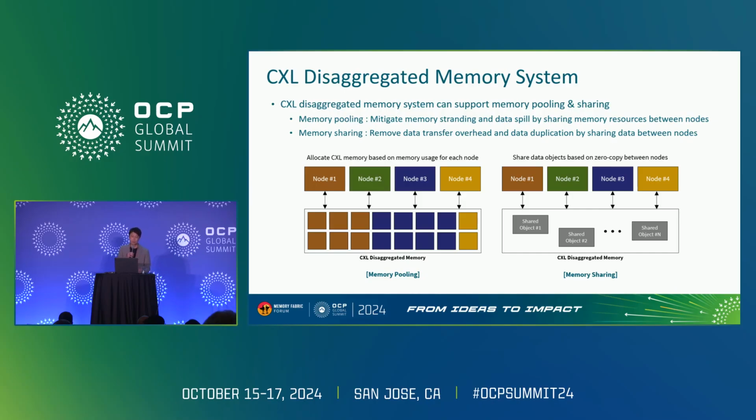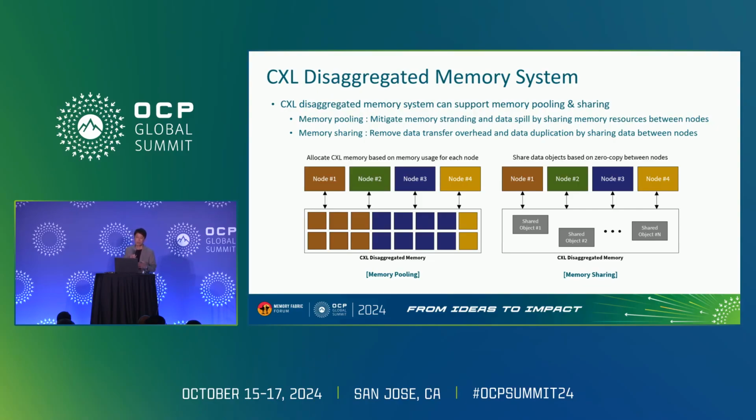Right, so we propose a disaggregated memory system that can support memory pooling and sharing capability. Memory pooling can mitigate memory stranding and data spill issues by sharing disaggregated memory resources between multiple nodes.